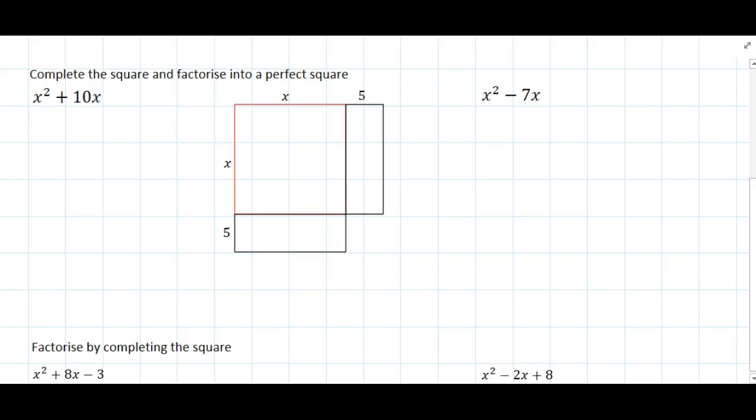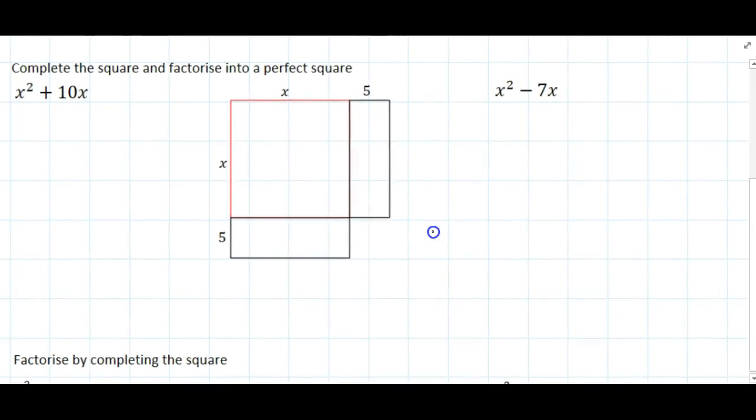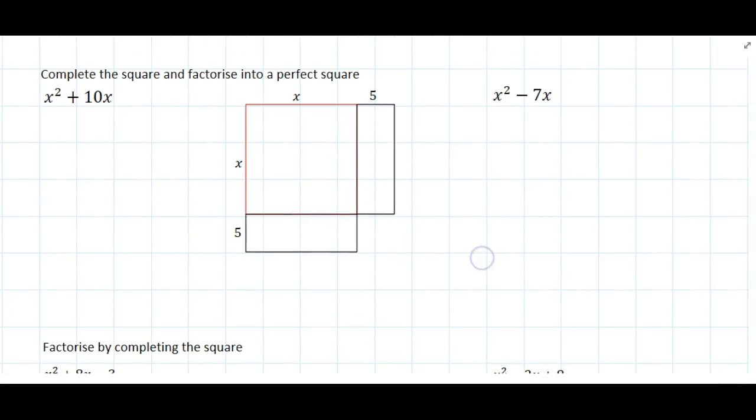So for example, this is part of a square that I've created, with sides of length x plus 5 and x plus 5. We're missing a little bit, so let's look at this as an area analogy.